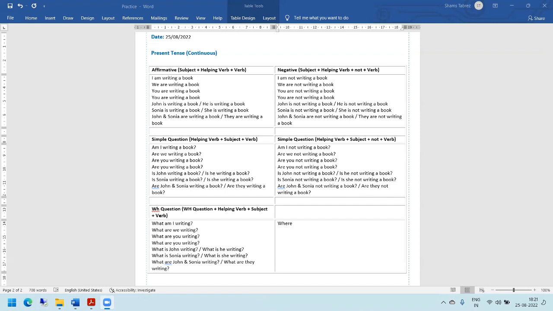Any volunteer who would like to make a sentence? Where am I going? Yes, it should be where, then helping verb. Where am I going?